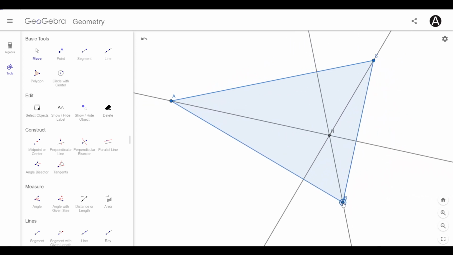Now, remember how we said on the circumcenter, the distance from the circumcenter to each vertex was the same? There's nothing true about this orthocenter. There's no relationship between the orthocenter and any of the vertices or sides. They just intersect each other, and that's it. Not as exciting as the circumcenter, but that's basically it.